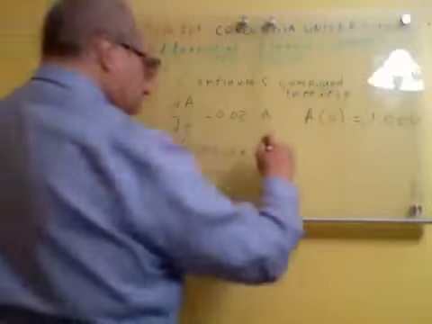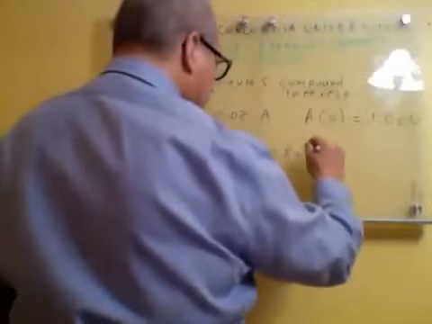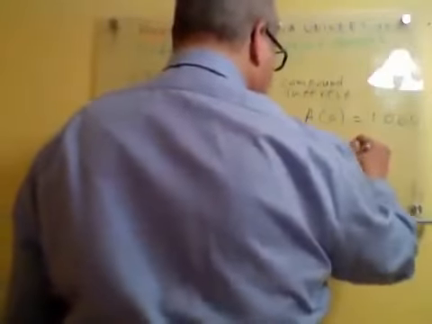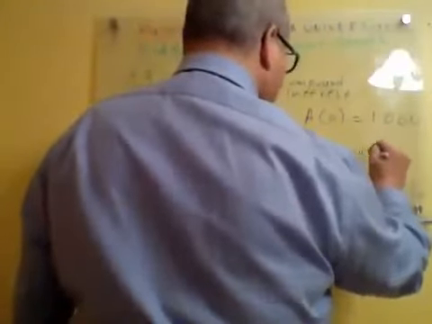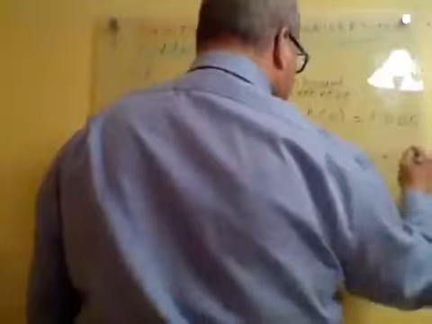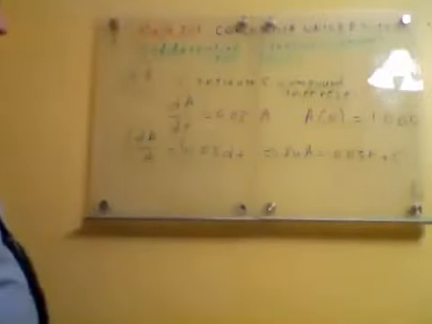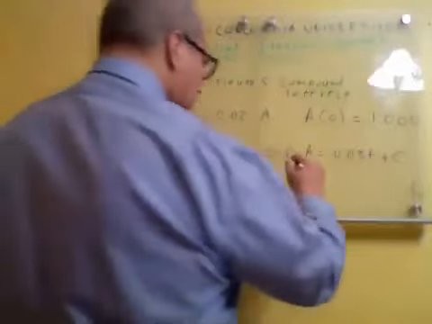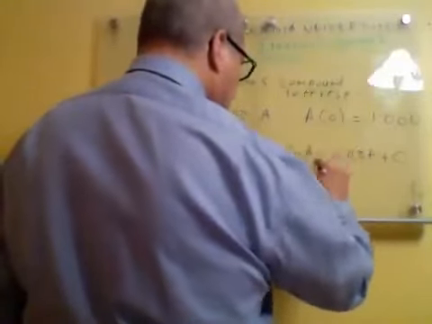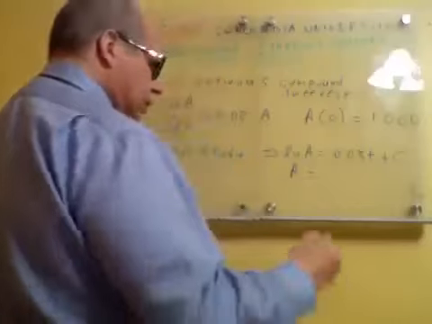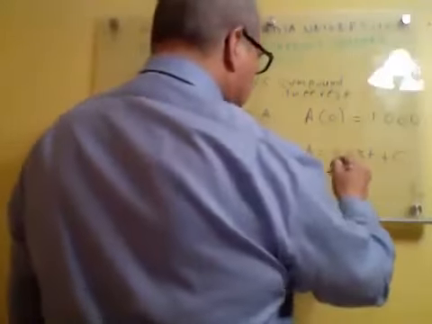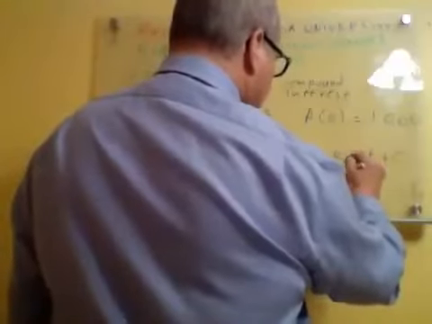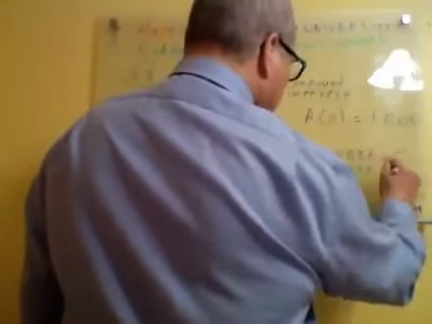Take the integral in both sides, so you have that ln of A is equal with 0.03 t plus c. And now that means that A, according again with the definition of the logarithmic function, is equal with e to the 0.03 t plus c.